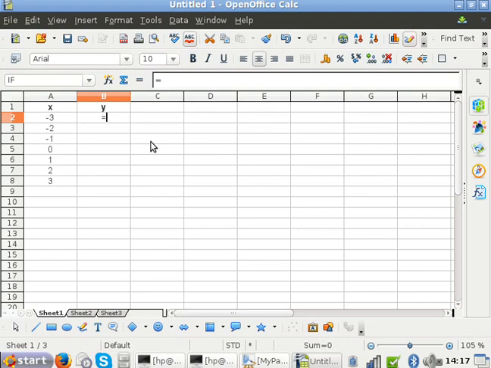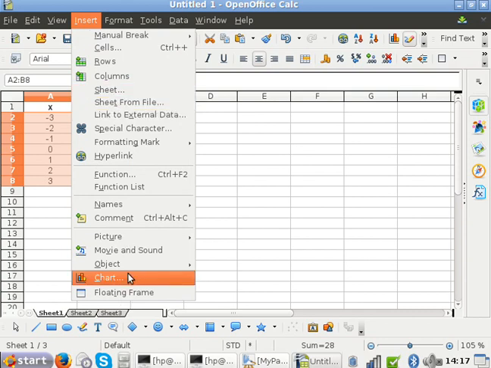So if x is -3, what's y? If x is -3, it's 9, isn't it? And if it's -2, 4. And if it's -1, 1, what's next? 0. 1, 4, 9. So let's have a look at this graph.